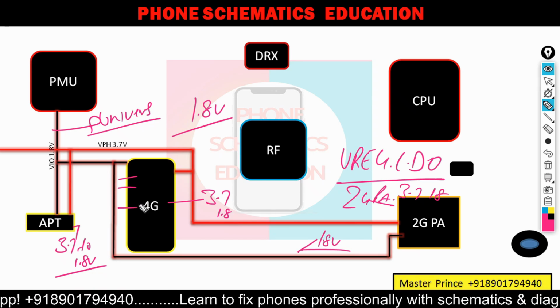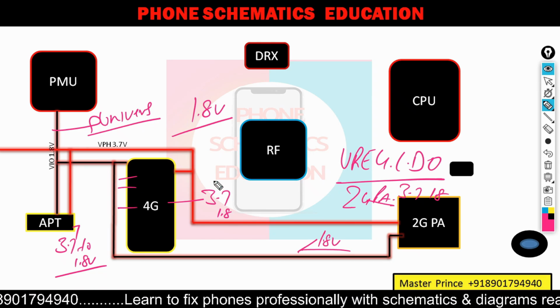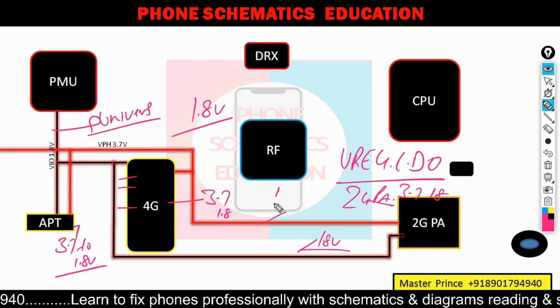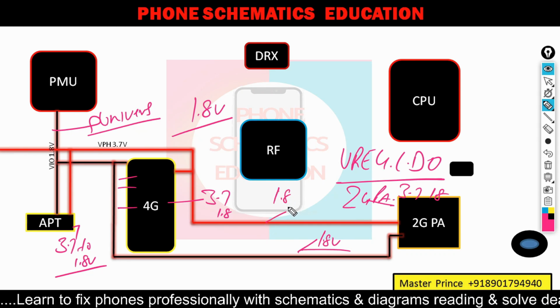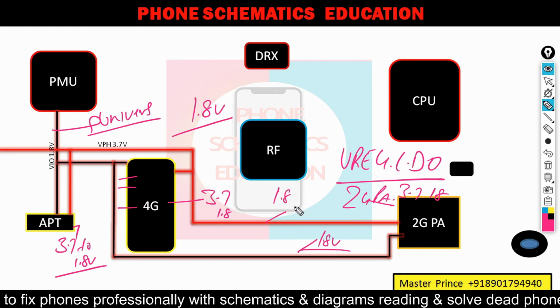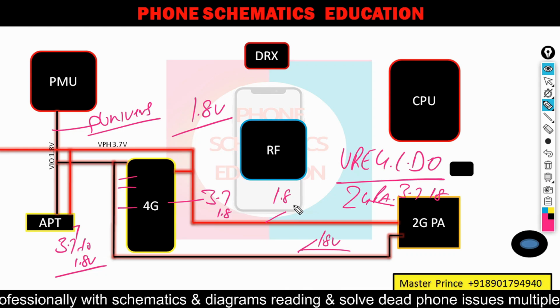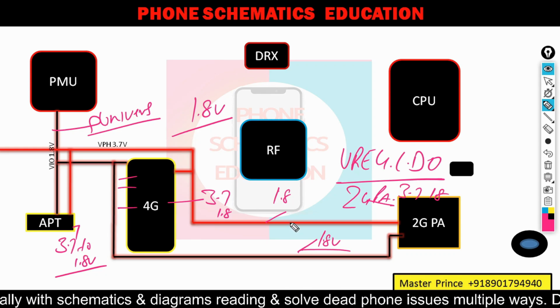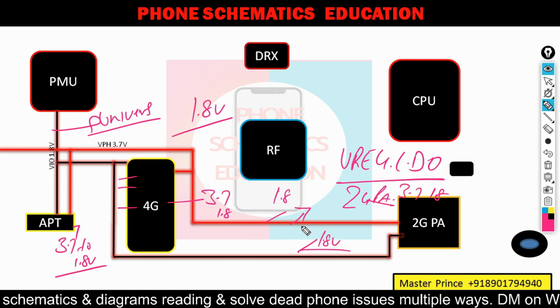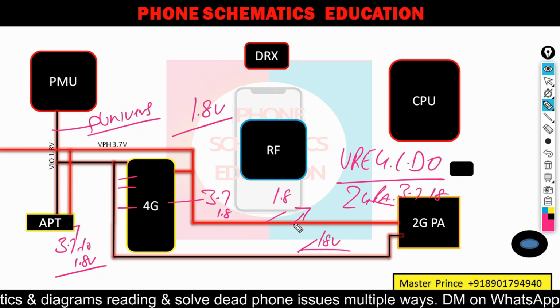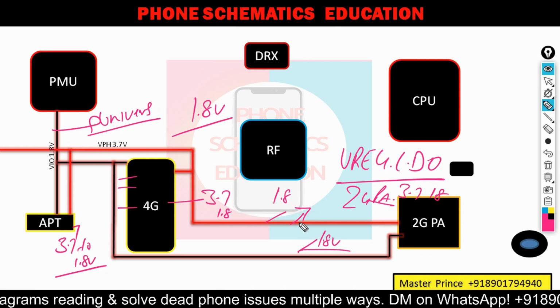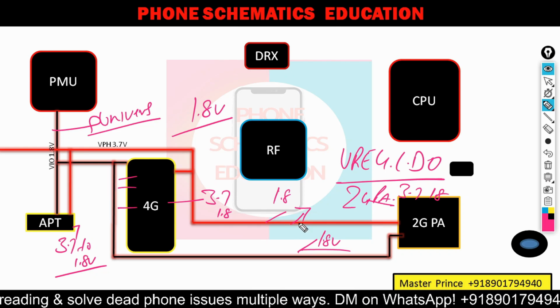Now why I'm saying open: because if any one of these lines, let's say the 1.8 line, is shorted, your phone is in a dead condition, not network related, because this is also a universal voltage, similar to VPH, which is a main primary line. So if this line is shorted, your phone does not turn on. So this line may be open.